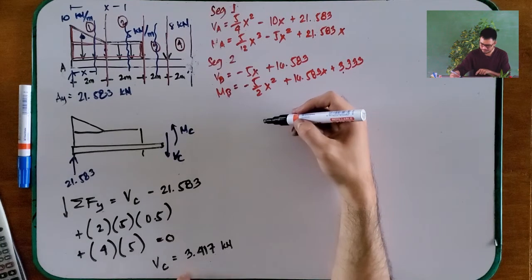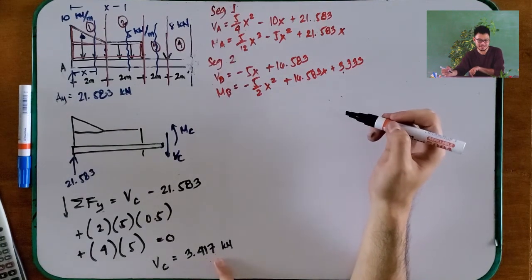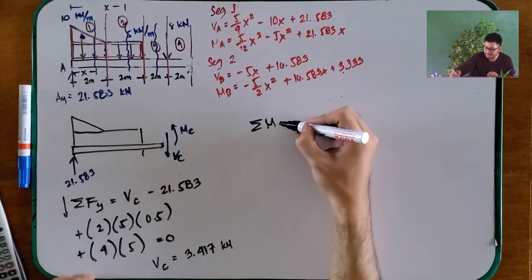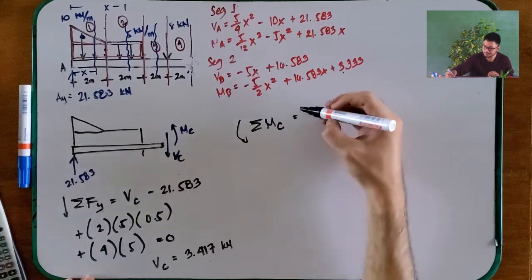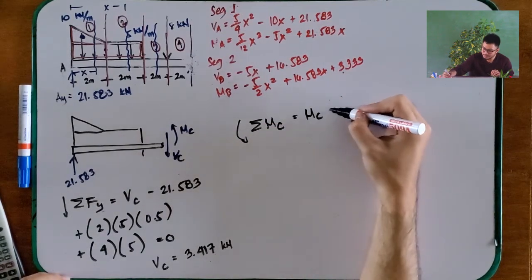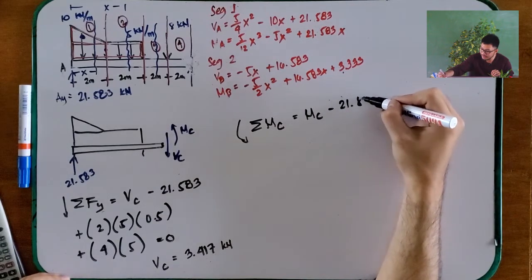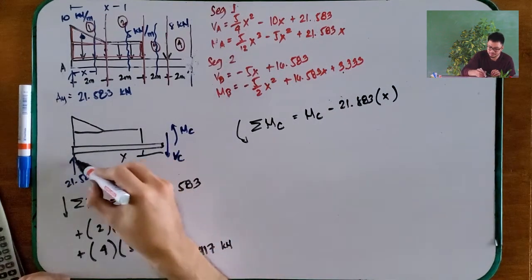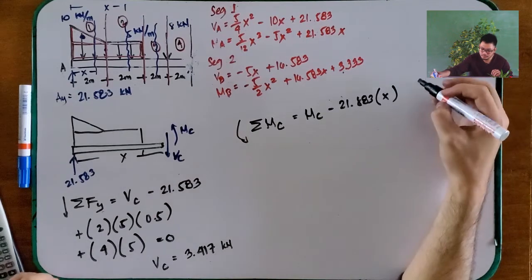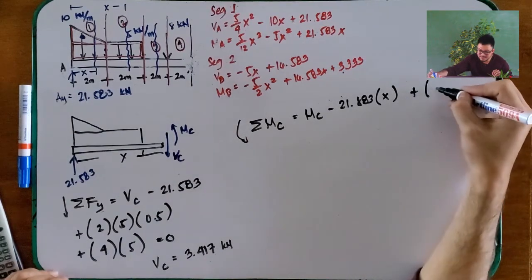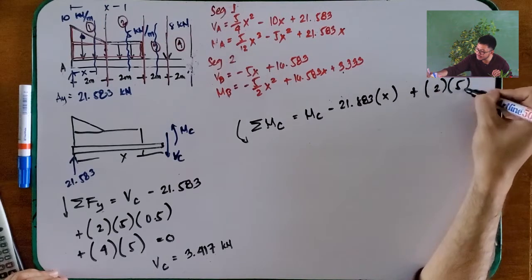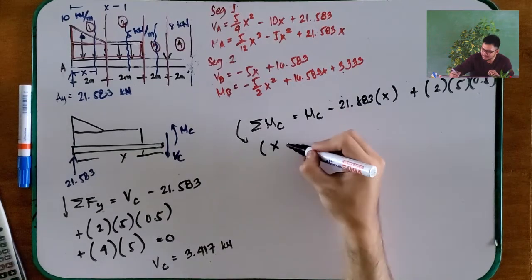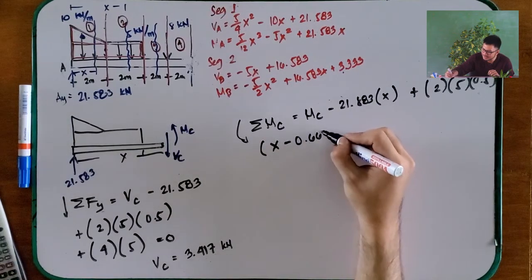How about our MC? I'm sure this is x. 3.417x. Summation of moments at point C is equal to MC minus 21.583 times x, because this is x. Next, plus base of 2 times height of 5 times 0.5 times moment arm of x minus 0.667.